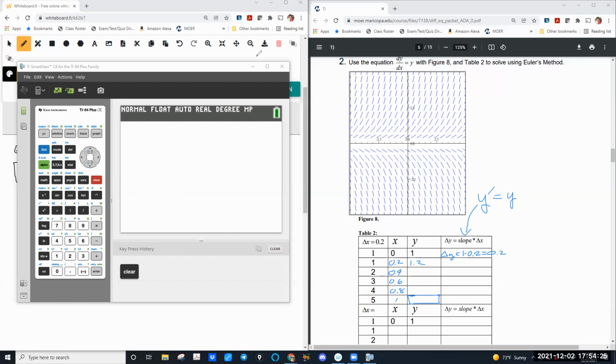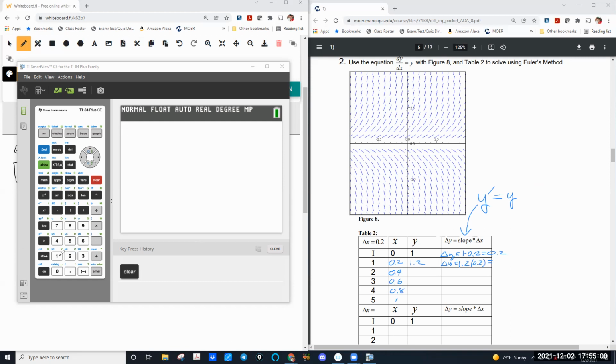Okay? Now, again, this is just an iterative process, meaning I do the same thing over and over again. It's just my slope is different because I'm at a different point. So when I go to calculate my delta y this time, you take this whole point, because some of these differential equations will be in terms of x and y. You take this point, you plug it in. So our slope here is 1.2, and that gets multiplied by 0.2.